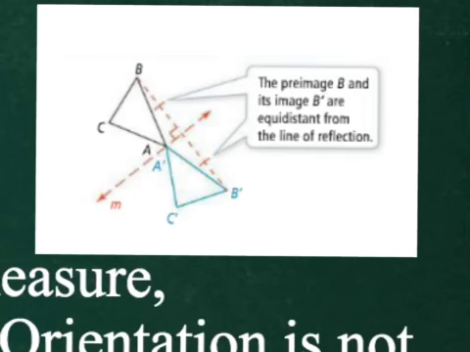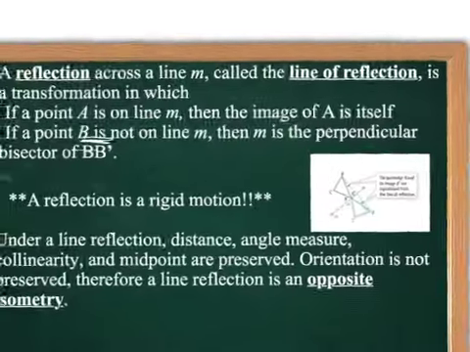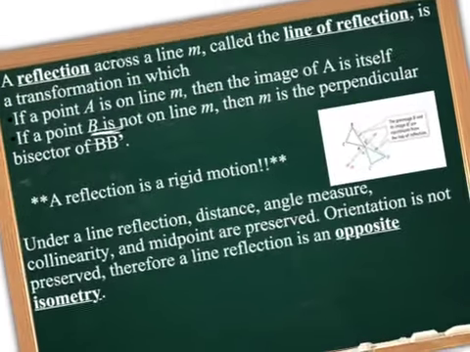So when you have a reflection, the pre-image point and the image point, if you connect them into a line and they're not on the line of reflection, then the line of reflection should be the perpendicular bisector of the segment that connects them. So you can see that this piece and this piece are congruent and it makes a right angle with the line that connects them. This is going to be important for constructions when we get to that.